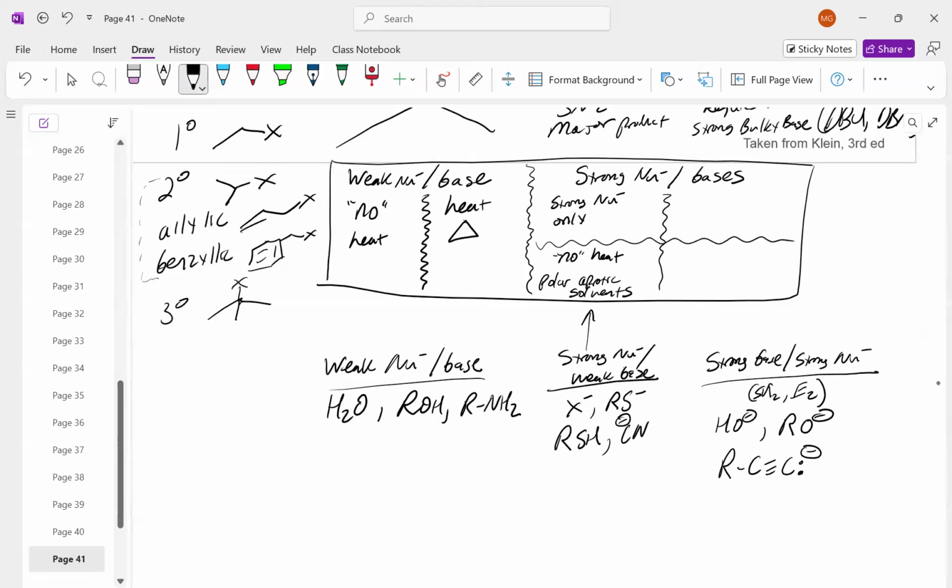So if I were using, say, hydroxide and I wanted it to be a nucleophile, I would use very little heat and probably use an aprotic solvent like acetone or DMSO. If I wanted hydroxide to be a base, then I just start heating it up. So these could go either way. It just depends on what temperature conditions you use.